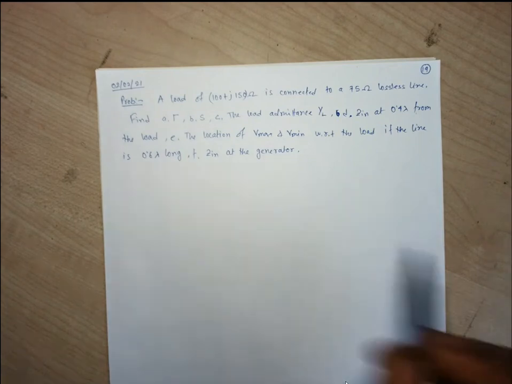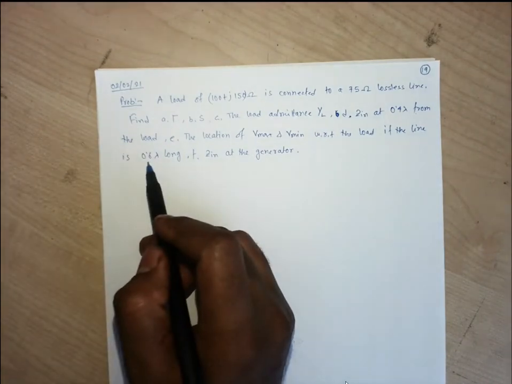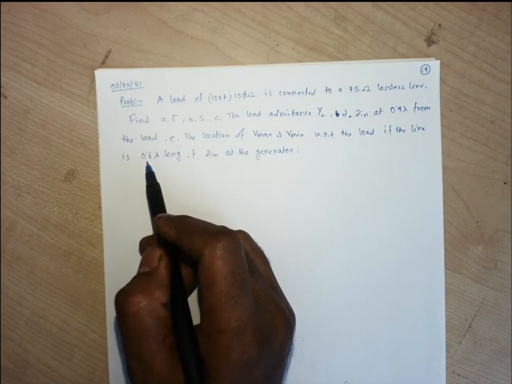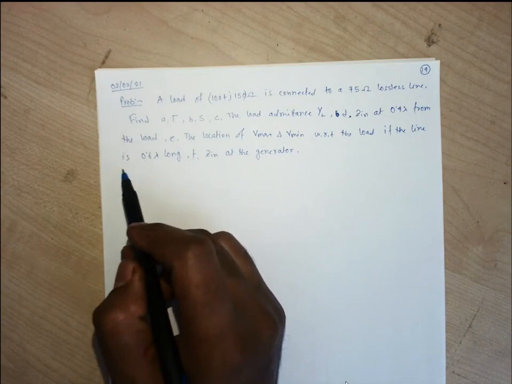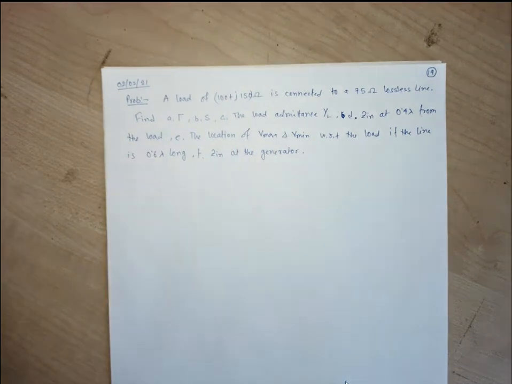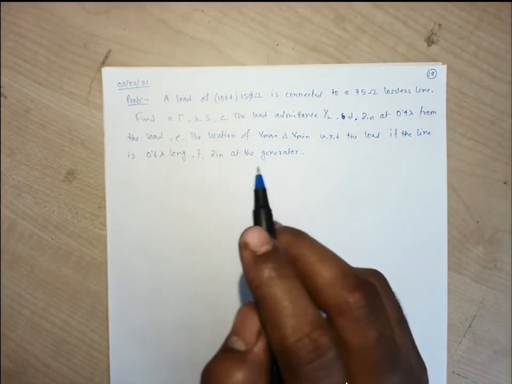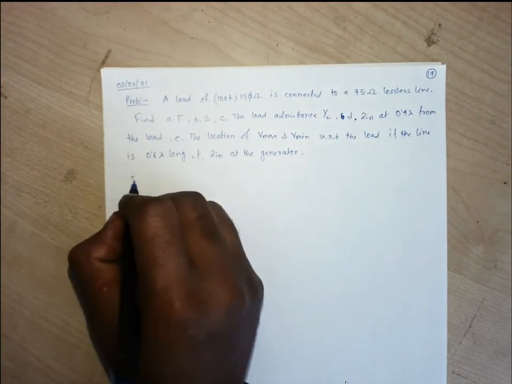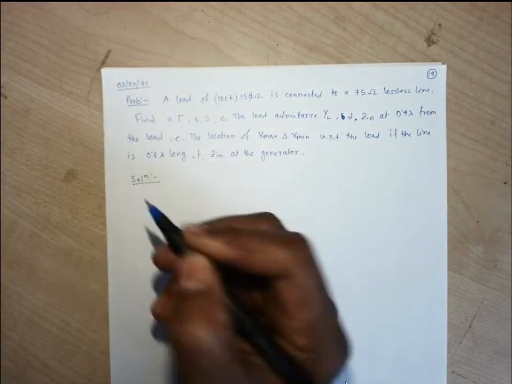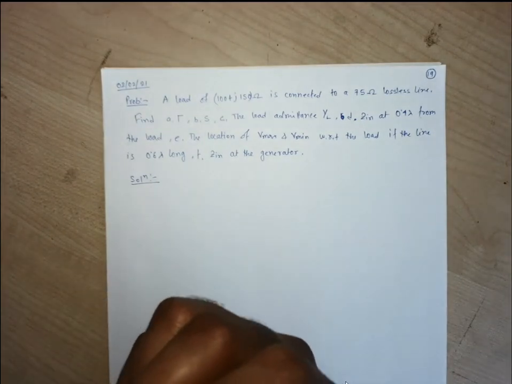If the line is 0.6 lambda long, from the load end, we need to go up to 0.6 lambda and find where Vmax and Vmin exist. And we need to find input impedance at the generator. Okay, so we need to go with the Smith chart.